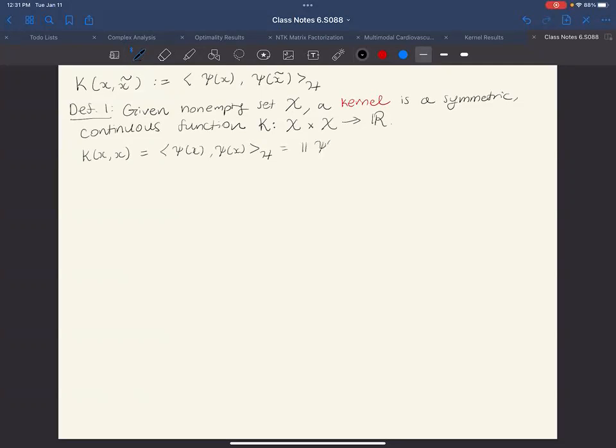This is just going to be psi of x squared, and so this is non-negative. So we can't just have some arbitrary symmetric continuous function. There are some extra constraints that we need, and the exact constraint that we need is going to be the definition of a positive semi-definite kernel.